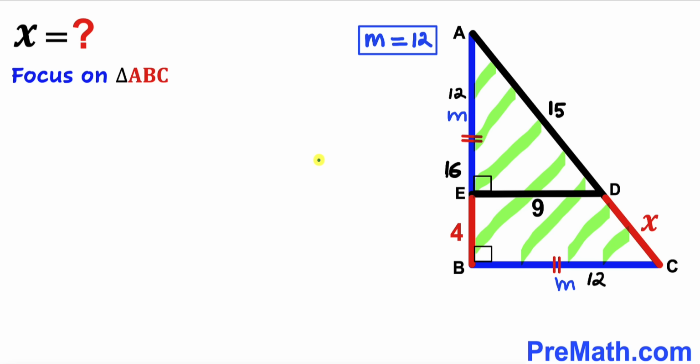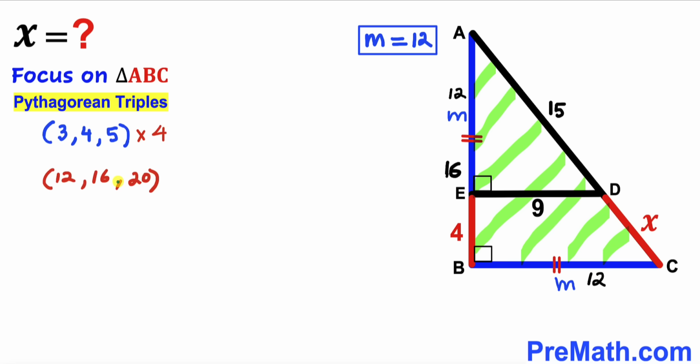Now we focus on the big right triangle ABC, whose side lengths are 12 and 16. Let's recall the Pythagorean triplet 3, 4, 5 once again. This time I'm going to multiply it by 4 across the board.